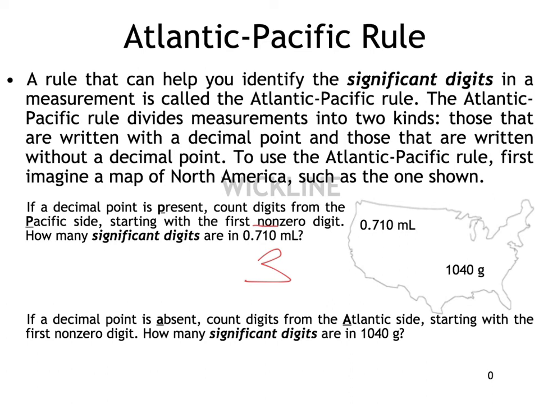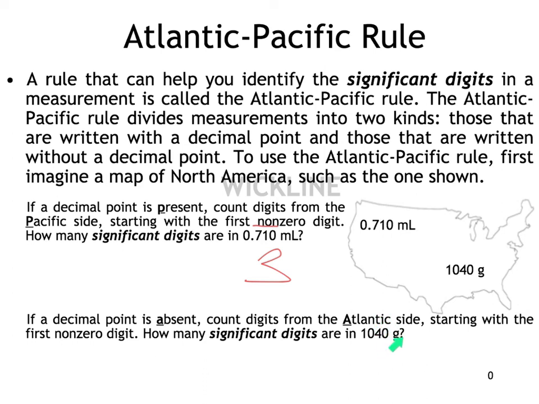If I take a look at a different example, like 1040, down here the decimal point is absent. That's going to give you a clue because absent starts with the letter A, and so does the Atlantic Ocean. So we're going to start on the Atlantic side.